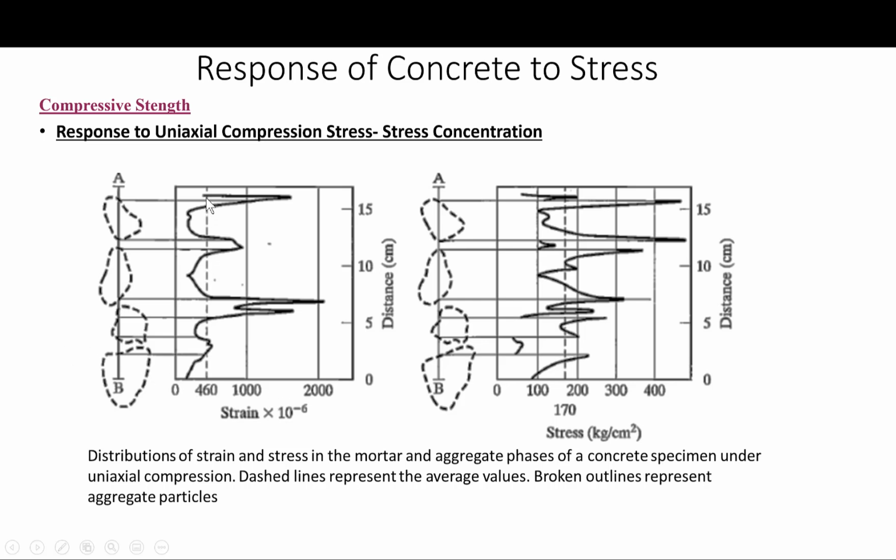This is the average strain right here, and the localized strains could reach 2000 microstrain versus 460, as you can see. And the localized stresses may be more than twice as high as the average stresses. This is the average, and this will be the localized in some locations.